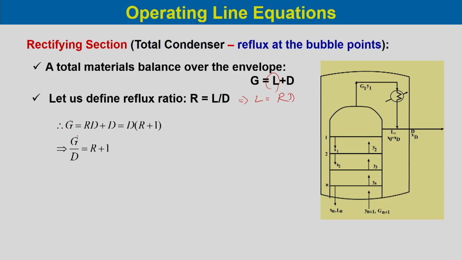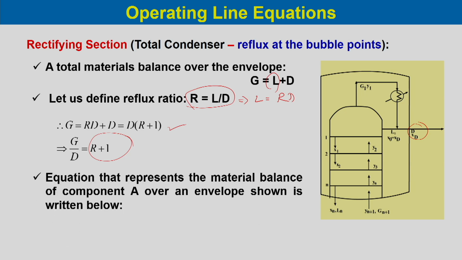If we substitute in this total material balance, G would be equal to RD plus D, which is equal to D into R plus 1, and from that we get G by D equal to R plus 1.